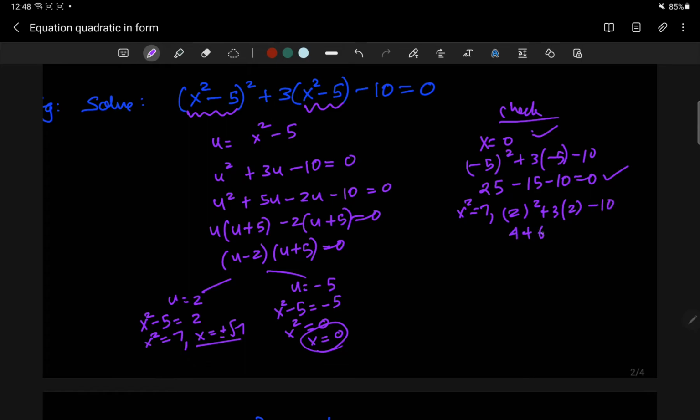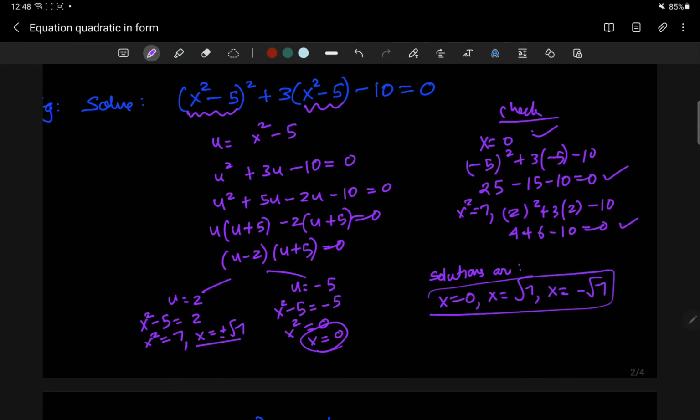So I have 4 plus 6 minus 10, which is 0. So that satisfies as well. Therefore, I can say that the solutions are x equals 0, x equals root 7, and x equals negative root 7. So these are the three possible solutions.